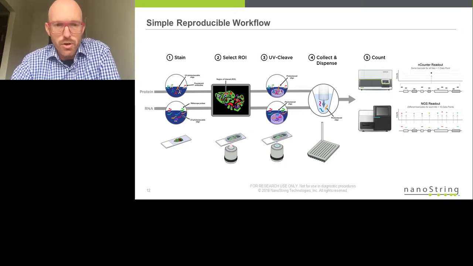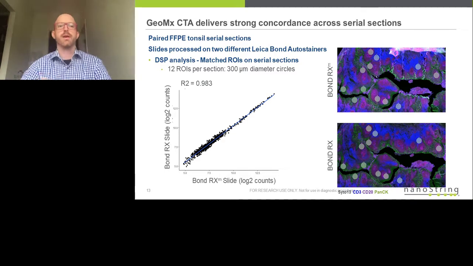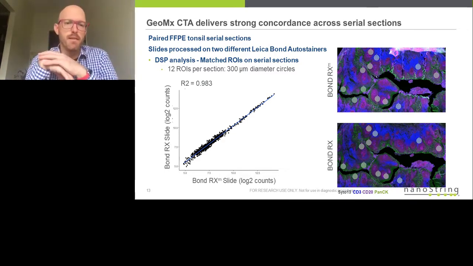So this just shows you the reproducibility of the platform. On the right-hand side, you can see two serial lymph node sections. And then you can see the reproducibility of the correlation between selecting the same region across two different serial sections. So 0.983 R-squared value.